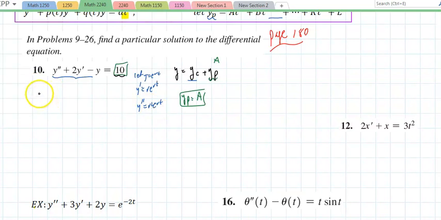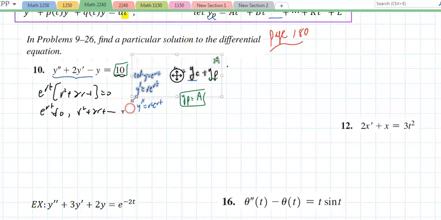So I'm looking at e to the rt times r squared plus 2r minus 1 equal to 0. I'm getting e to the rt cannot equal 0, and it must be that, let me see, that doesn't factor, right? R squared plus 2r plus, again, I have plenty of room.